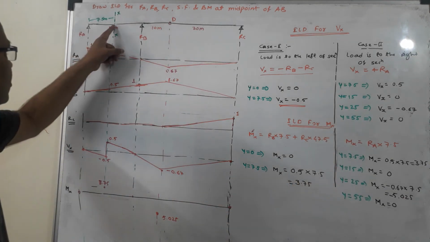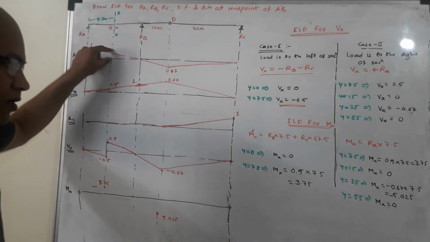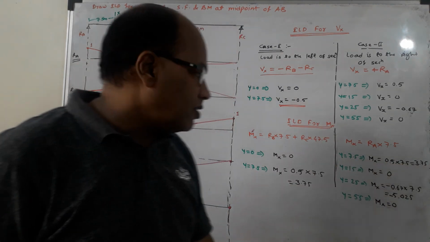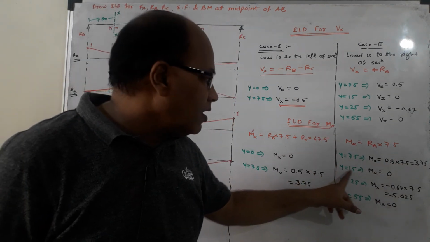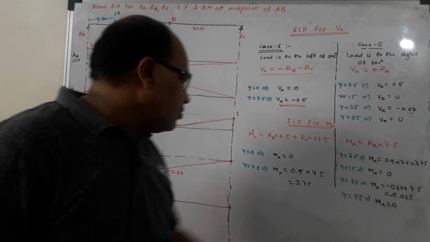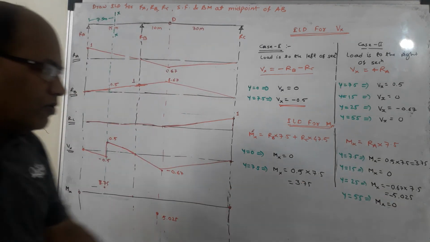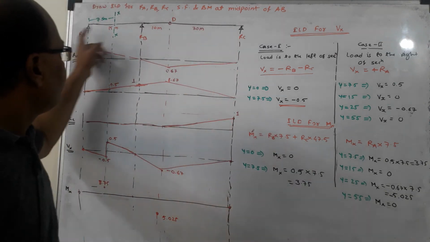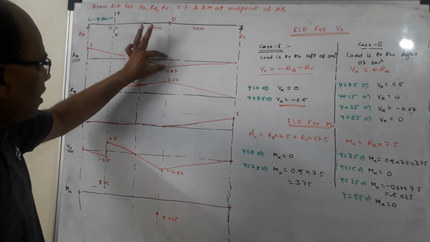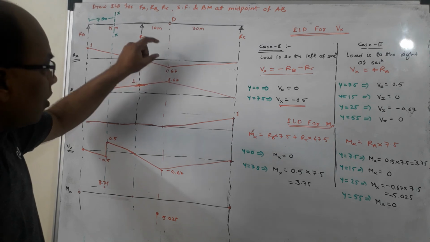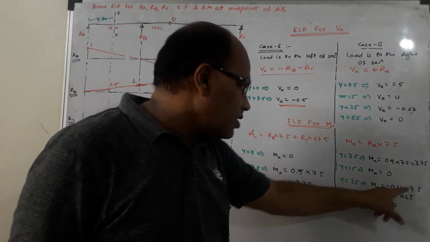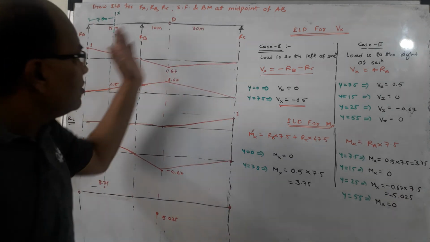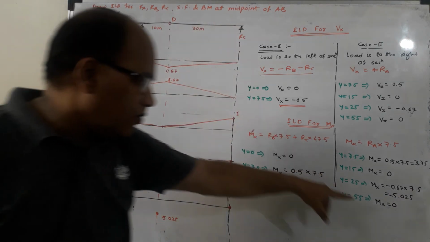So when y is equal to 7.5, Ra is 0.5, and that is why it will be 0.5 into 7.5, which is 3.75. y is equal to 15, Mx is equal to 0. y is equal to 25, Mx is equal to minus 5.025, because when y is equal to 25 we can see that Ra is 0.67 on negative side, so it will be minus 0.67 into 7.5, this is that value. And when y is equal to 55, Ra is 0, Mx is 0.